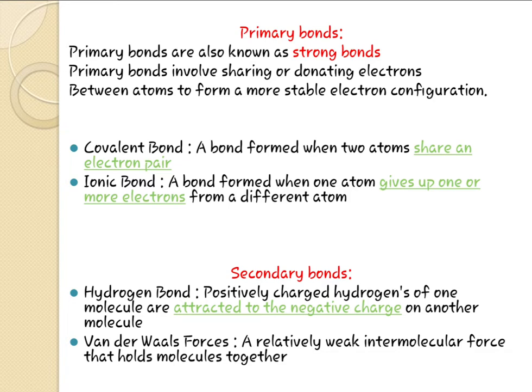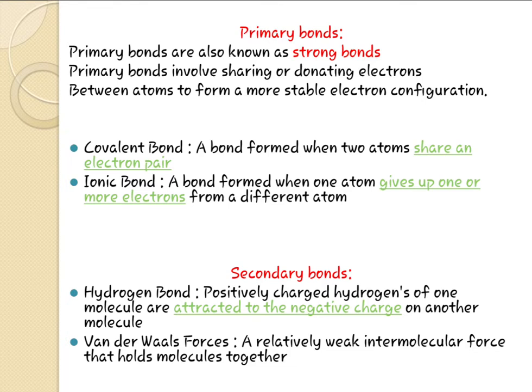A covalent bond is the bond formed when two atoms share an electron or a pair of electrons. So, the bond formed between two atoms is a sharing of one pair of electrons or two pairs of electrons. The best example for the covalent bond is the hydrogen atoms.